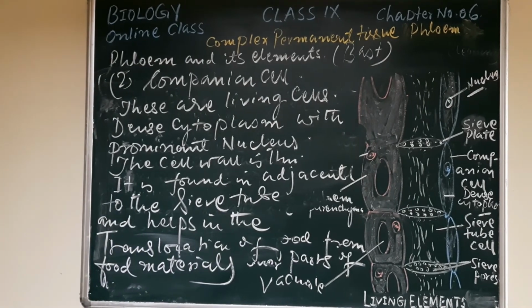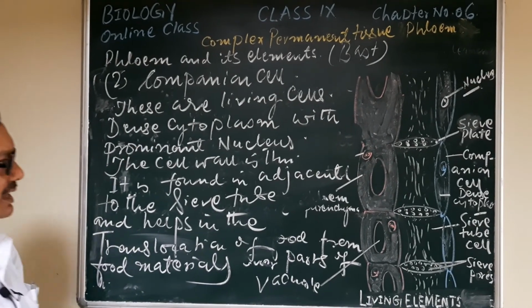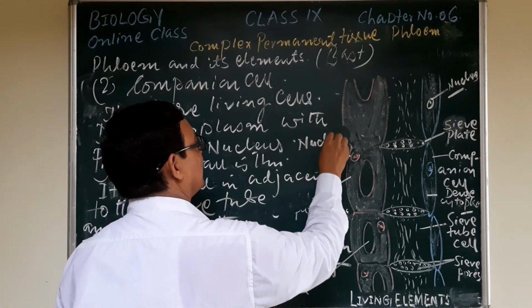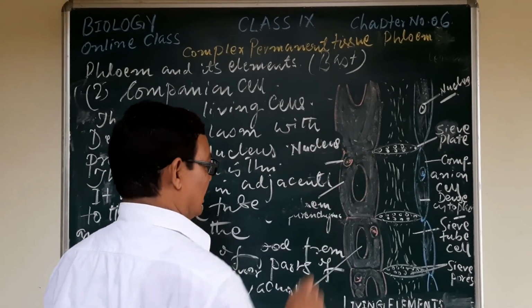So this is the second important element. Here you may see the nucleus, and this is the vacuole of the parenchyma.